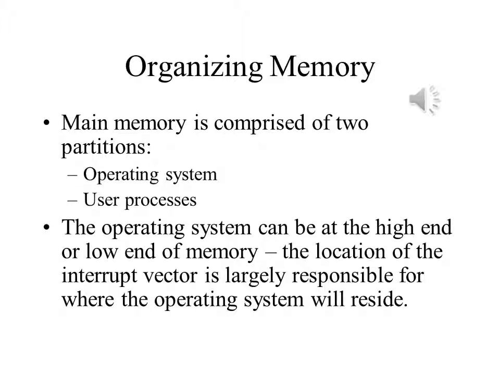We want to place the operating system at either the high end or low end of memory. Which end we use is only important because it must include the interrupt vector, an array containing the addresses at which the various operating system interrupt handling routines are located.